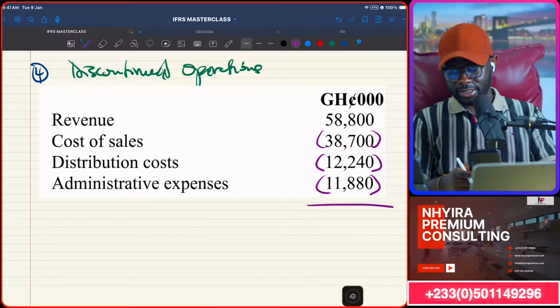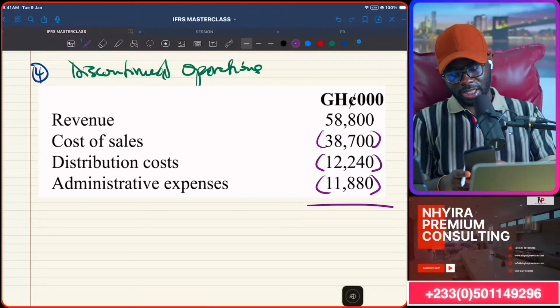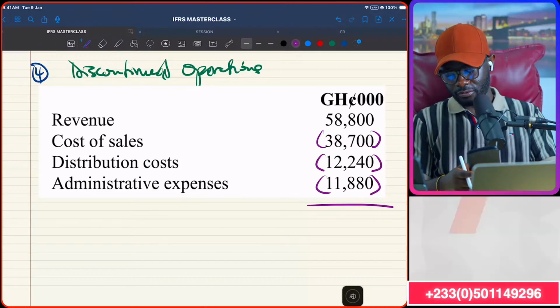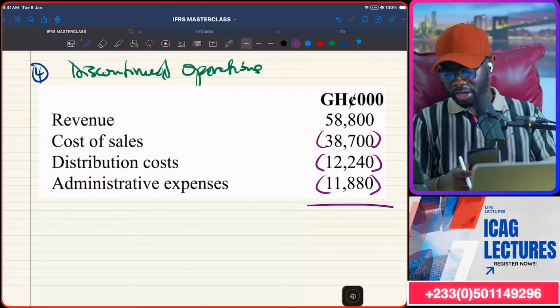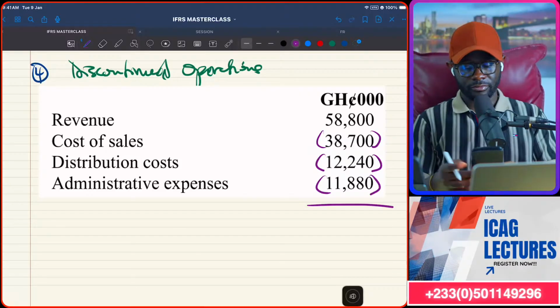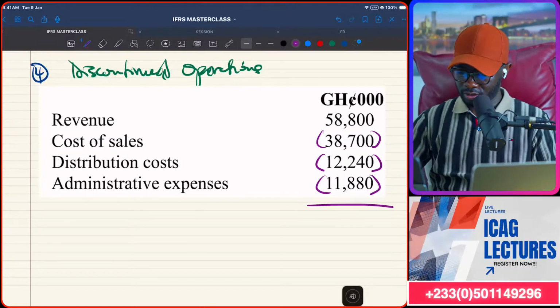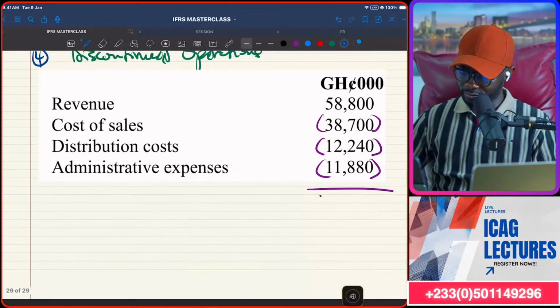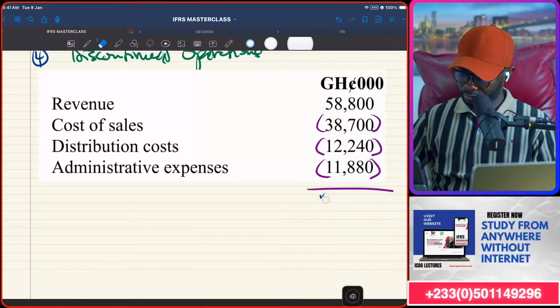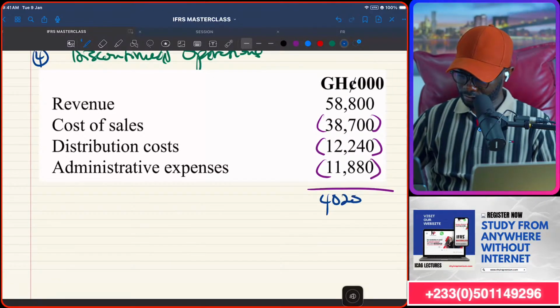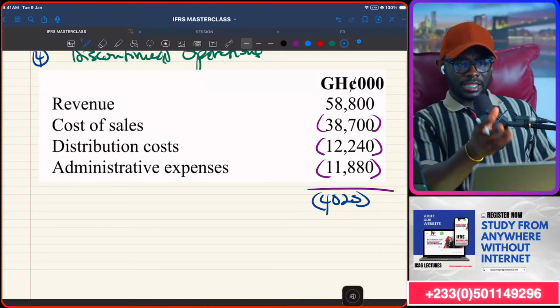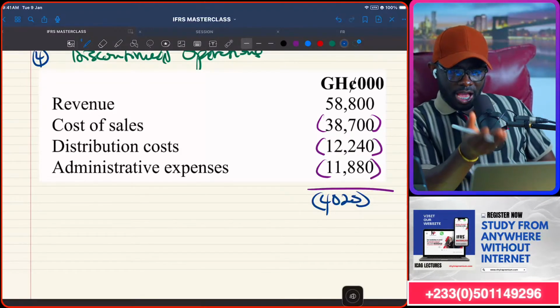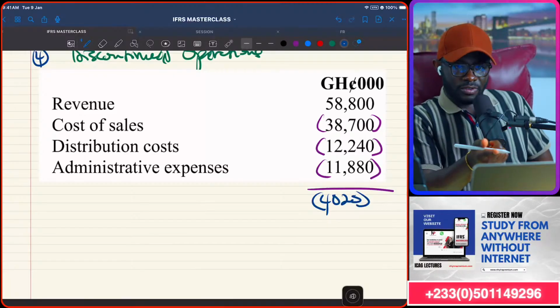So 58,800 minus 38,700 minus 12,240 minus 11,880. And that is 40,20 negative. So that division we sold, their results is even negative.